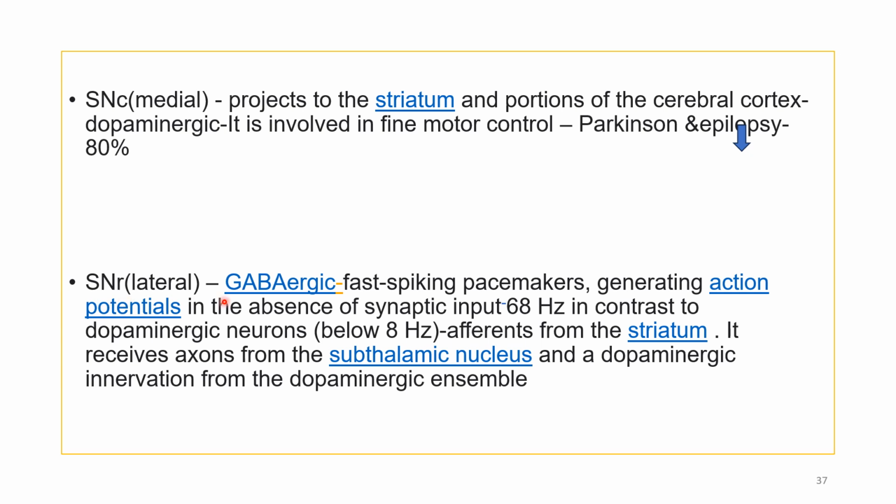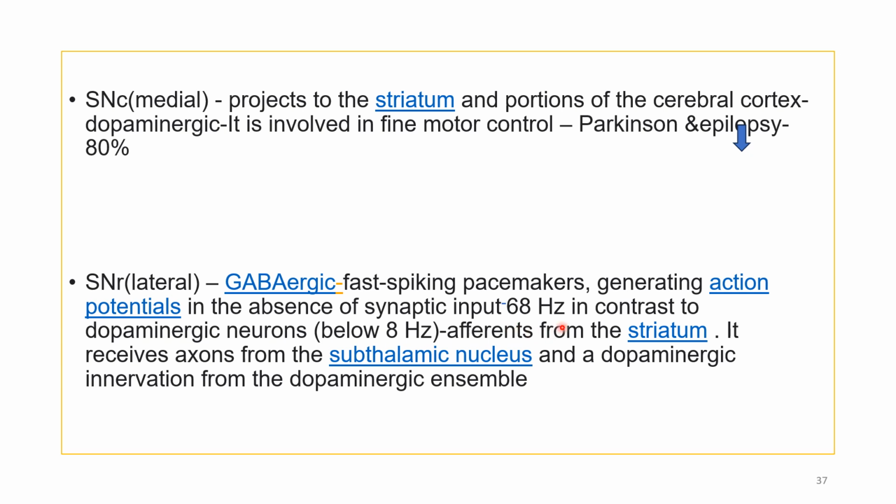Substantia nigra pars reticulata releases GABAergic neurons, with GABA as a neurotransmitter. They are fast spiking pacemakers. So substantia nigra pars reticularis has fast spiking pacemakers, and it will generate action potentials in the absence of synaptic input.